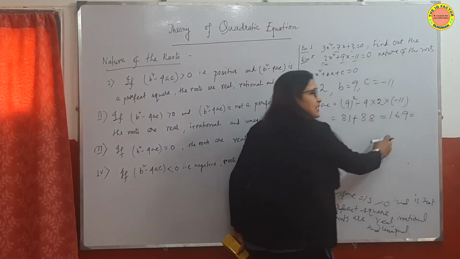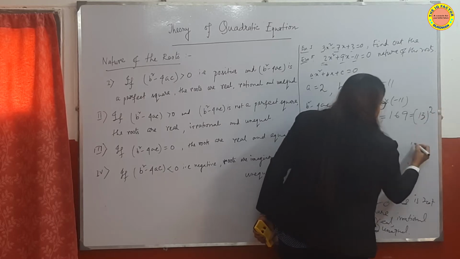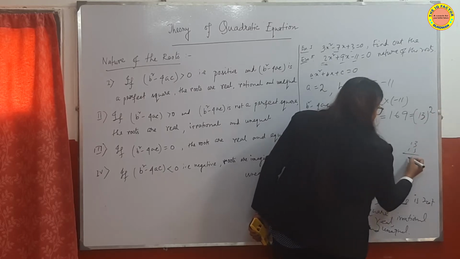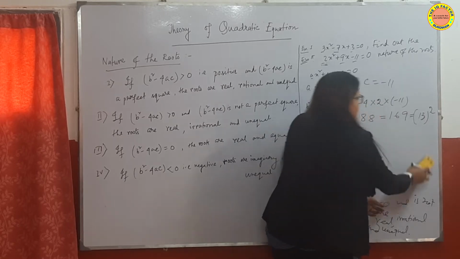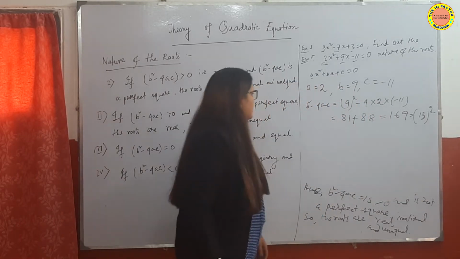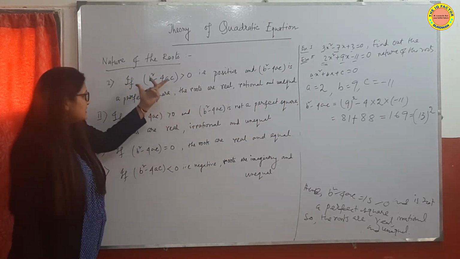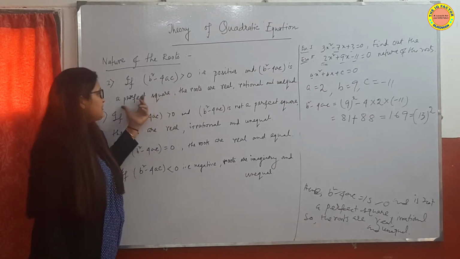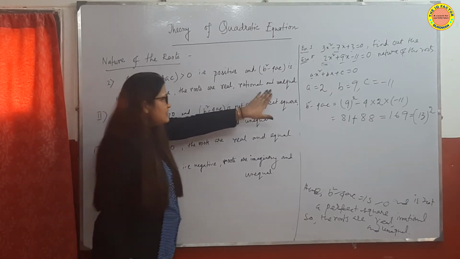It is clearly a perfect square. 13 whole square, 13 into 13 is 169. Yes, it is a perfect square. So, which one is it satisfying? The first. It is positive and it is a perfect square. The roots are real, rational and unequal.